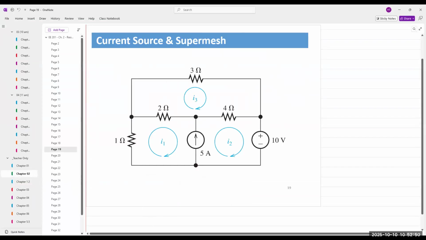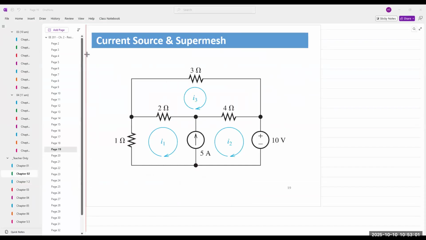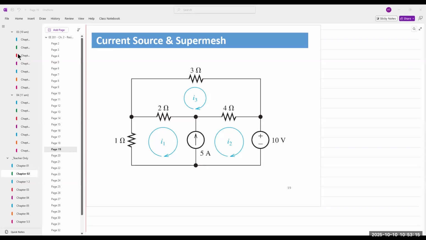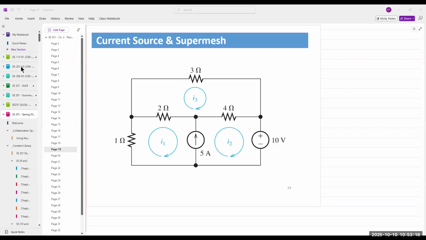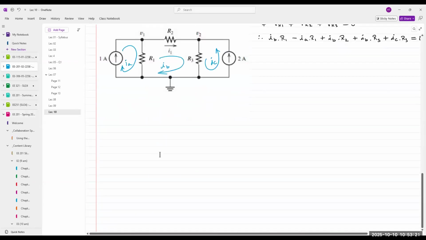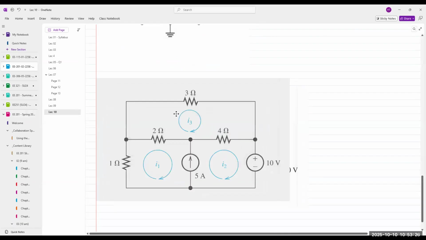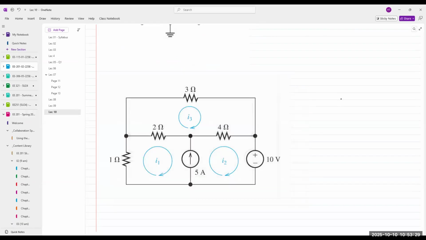And we use that when you have a current source in a shared branch and we can't write a KVL expression. So let's, all right, so super mesh.